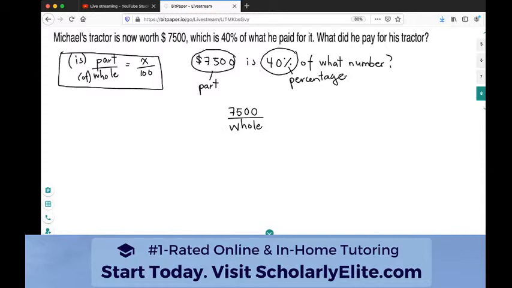Part over whole equals x over 100. So in this case, it's 7,500 over the whole equals 40 over 100. Okay guys, simple enough. We can just go ahead and do some solving.